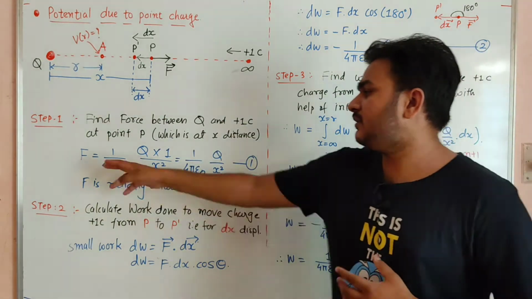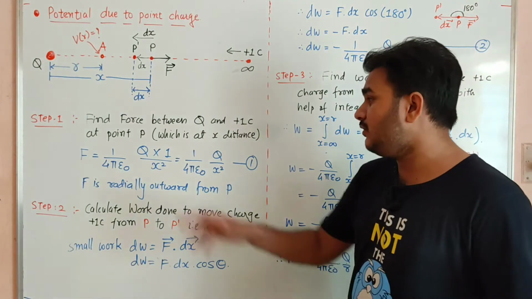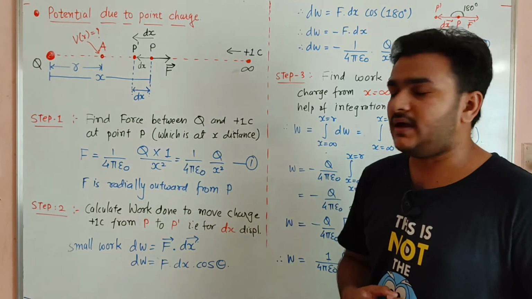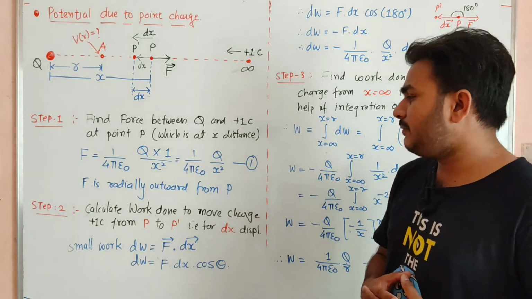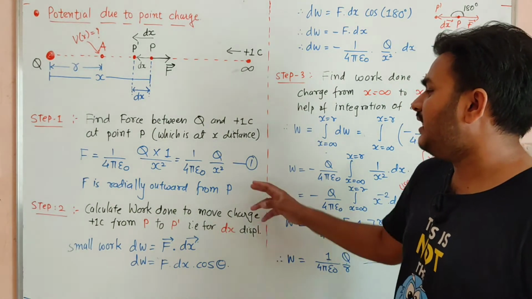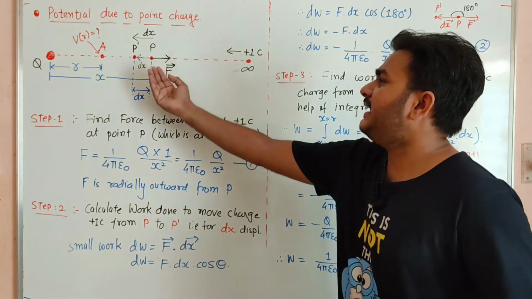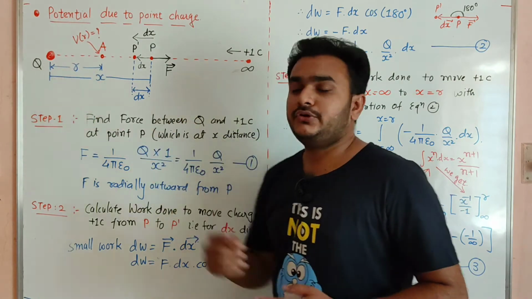From Coulomb's force equation, F is equal to 1 by 4 pi epsilon 0 into q into 1 by x square. So F is 1 by 4 pi epsilon 0 q by x square. Call this equation number 1. You can see that the direction of force is radially outward from q.